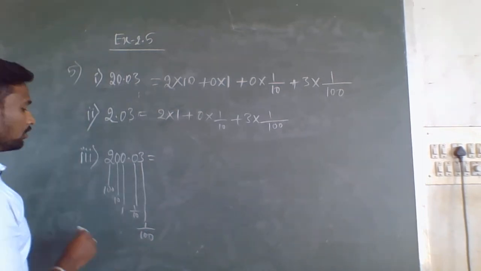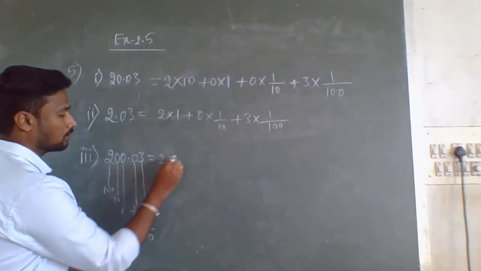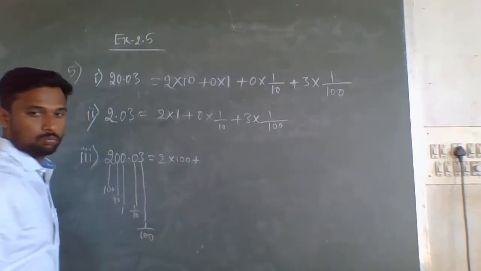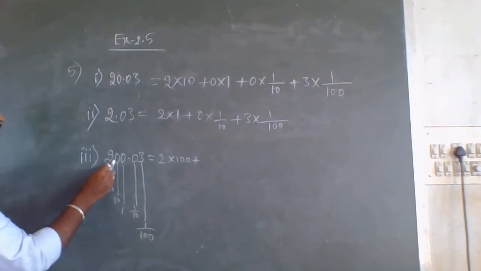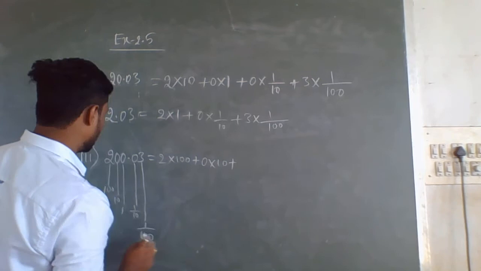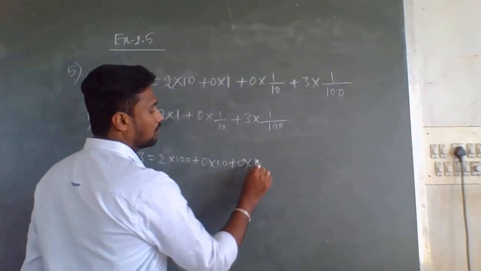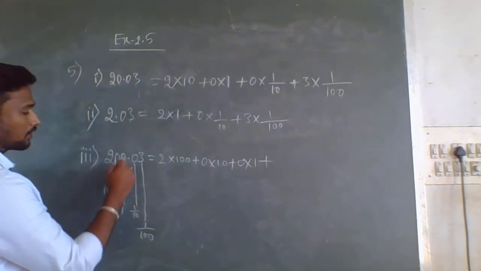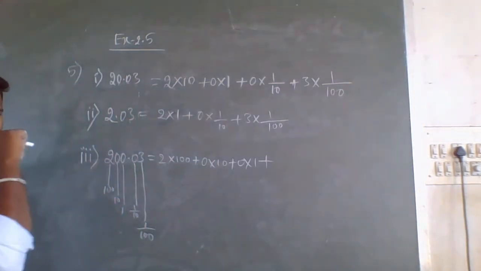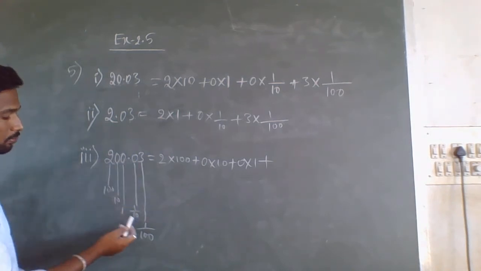Okay, so now we can write it as 2 is at the hundreds position, means 2 into 100 plus 0 is at the tens position means 0 into 10 plus this 0 is at the ones position means 0 into 1 plus after decimal point first digit is always tenth position means this 0 is at the position 1 by 10.